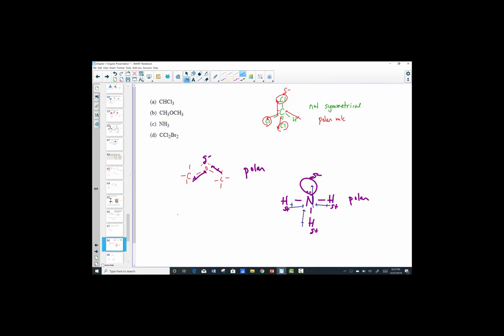And the last one, I have carbon attached to 2 chlorines, attached to 2 bromines. Clearly we see that these are polar bonds and they're being pulled towards the chlorines and towards the bromine, but this is not the same electronegativity. Chlorine and bromine are not the same. Chlorine is much more electronegative than bromine.